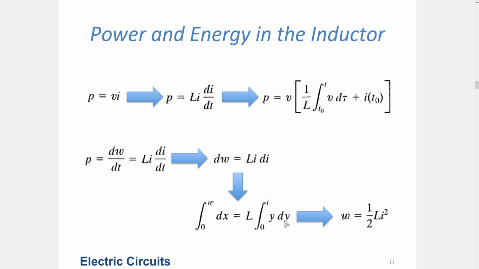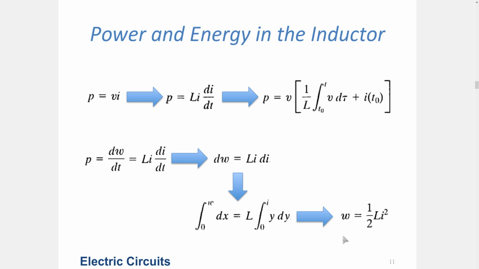If you take the integral of y dy, it's going to be 1 over 2 times y squared. And from 0 to i, I just put the boundary values, and I obtain 1 over 2 times i squared. And I have to multiply it with this constant L. And on this side, I will obtain W minus 0, which makes W. So W equals 1 over 2 times L times i squared.